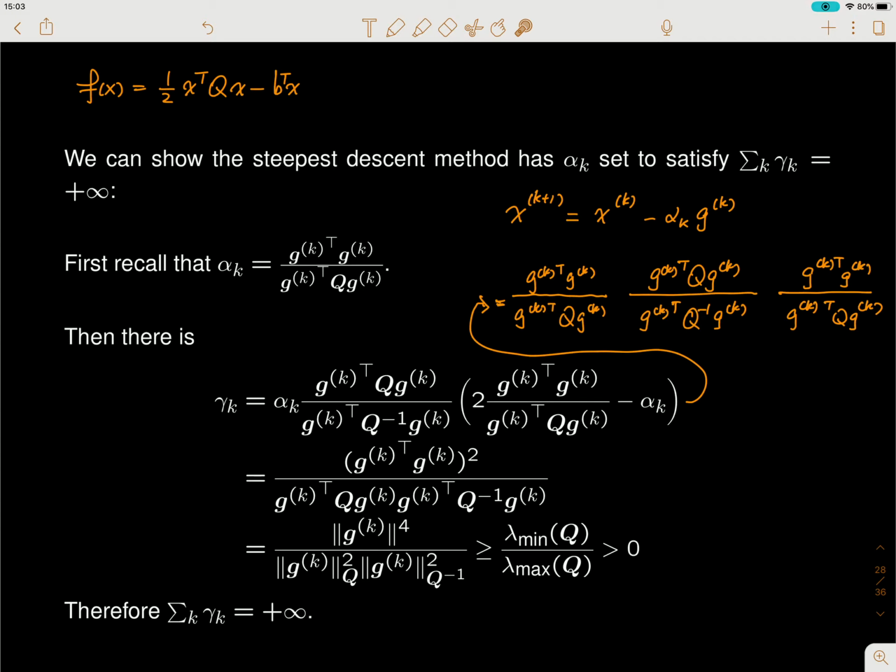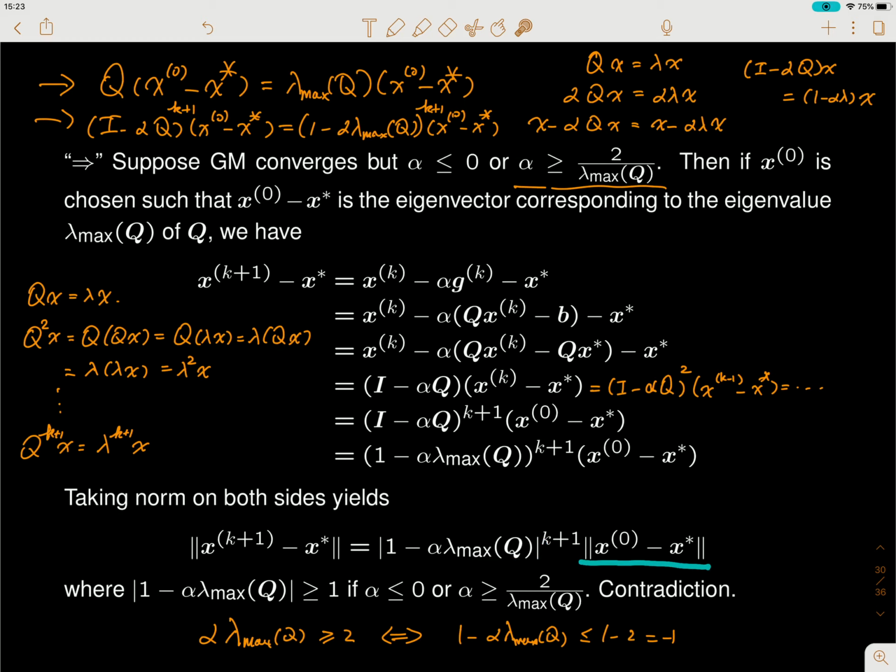Okay? So that means we can never reduce this. Either we keep the same error if this quantity is equal to 1, or we'll actually get larger and larger error if this quantity is even bigger than 1, because the k+1th power will just make this blow up. So we're not really reducing the distance.